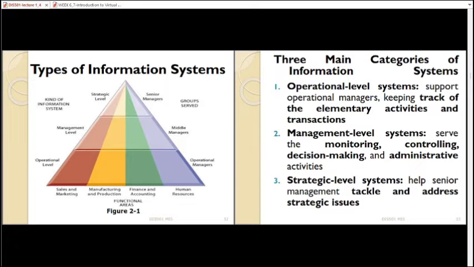So there is a decision process being applied from the top to the bottom. And that is why you saw that diagram we had earlier, with arrows pointing to the operational, the management level, and the strategic.